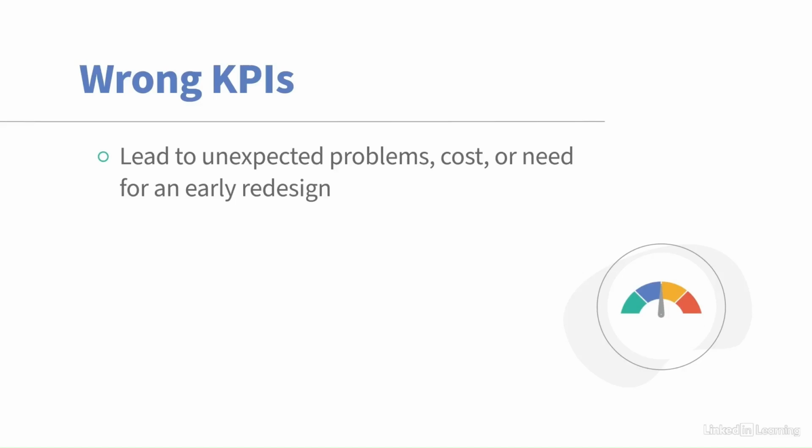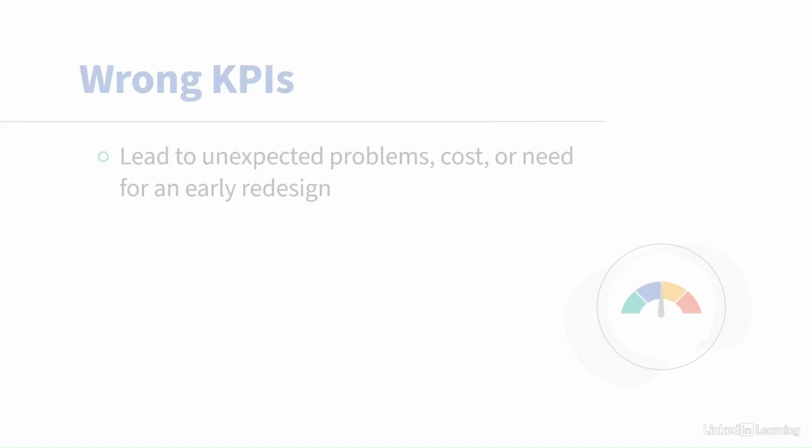It also leads to additional costs, and in the worst case, it can force an early redesign, because now you've built it, everything is done, and new KPIs come in, and this doesn't fit anymore to what you've built.